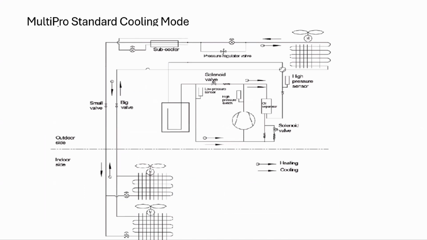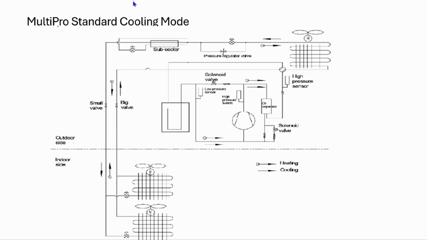It's a little bit different in that we are using one set of pipes out to the condenser. And so to me, it's a cleaner look compared to a multi-zone type of system. You have one gas pipe, one liquid pipe that comes from the outdoor machine all the way to your indoor units.